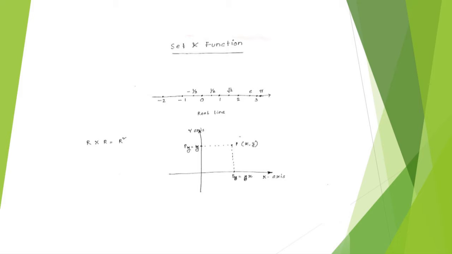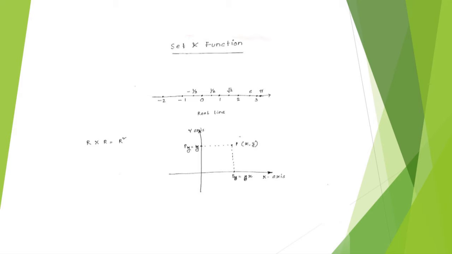Now if small x and small y are the coordinates of Px and Py on their respective axes, this process leads us from the point P to the uniquely determined ordered pair x, y of real numbers.